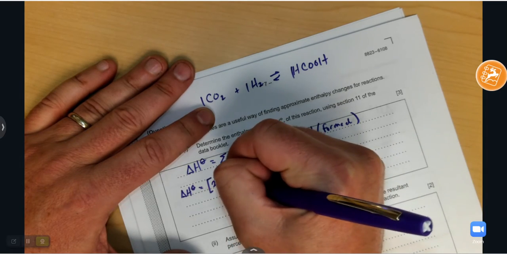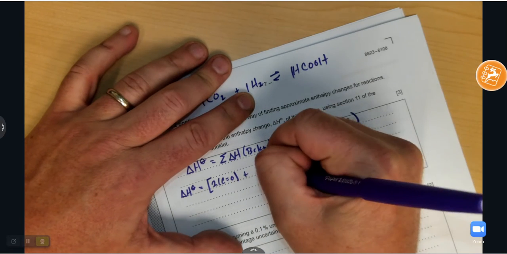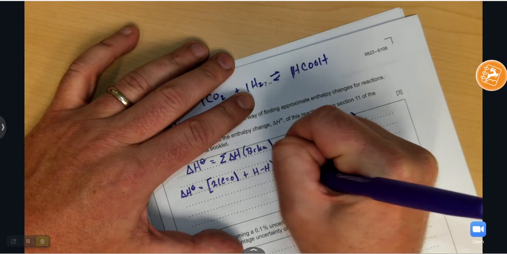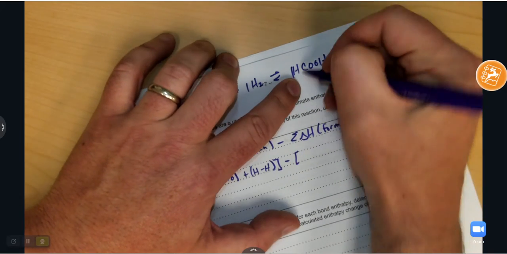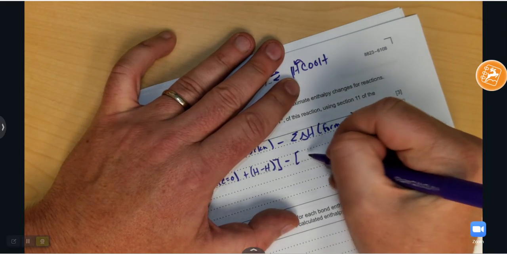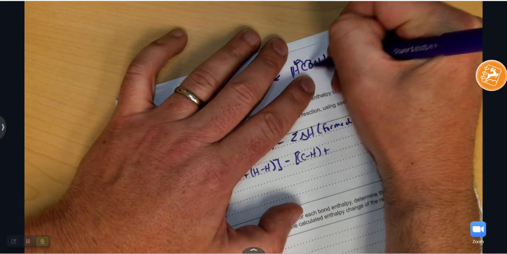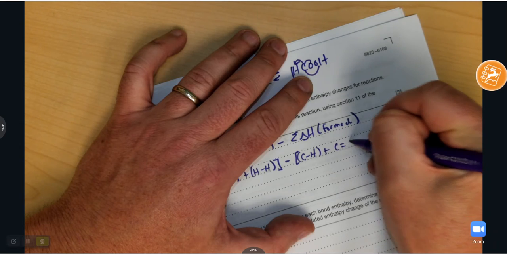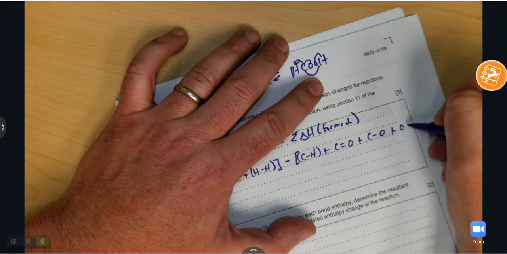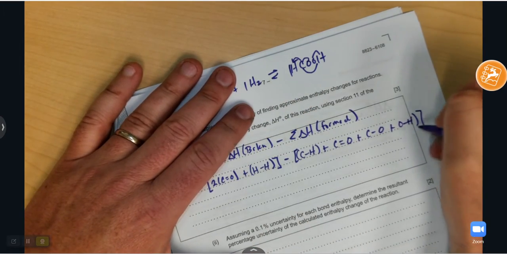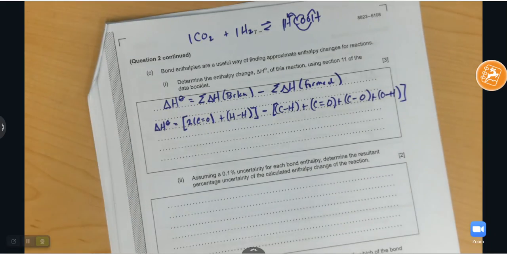It's going to be 2 moles of carbon-oxygen double bonds plus 1 mole of hydrogen-hydrogen single bonds minus, well, in this molecule I have 1 bond between carbon and hydrogen, so the carbon-hydrogen bond, plus, that's a C double bond O, that's a single O, so plus C double bond O, plus CO, and then 1 for the OH at the end. Why I put some in parentheses but others not is a mystery to me.